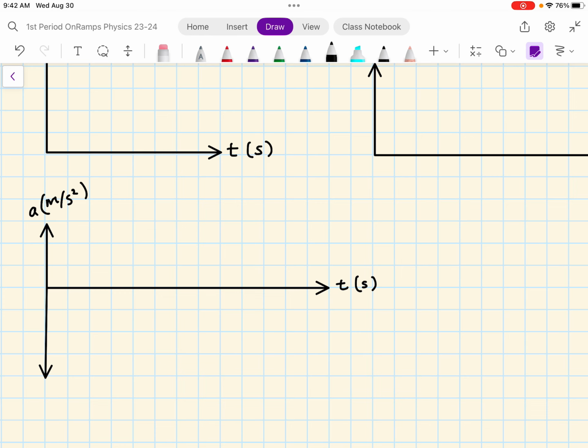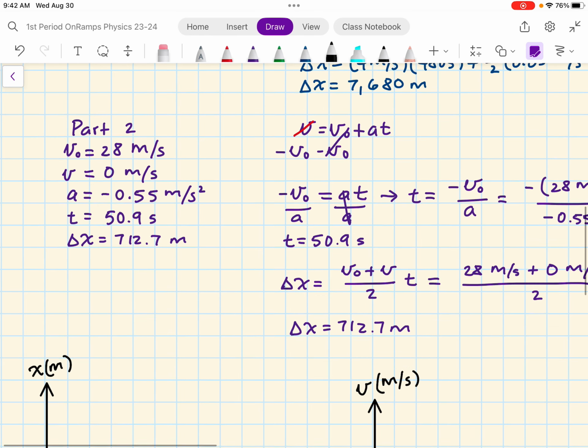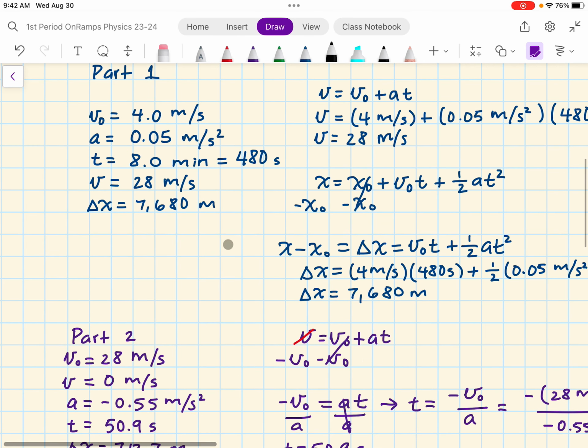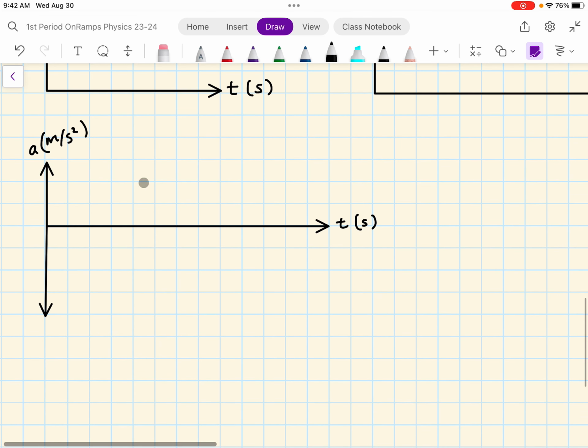Let's start with the acceleration one, because that's the easier one. It's constant, right? So for part one, we have a positive acceleration of 0.05. So then I'm going to just say, let's say 0.05. This is not going to be, the scale is going to be off, but it's okay. So this is going to be 0. Whoops.